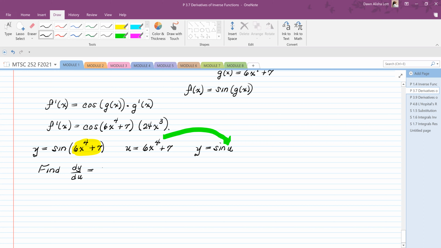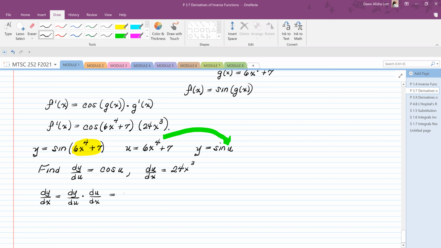The derivative of the sine is the cosine of u. And then I can find du dx, and the derivative of that is 24x cubed. So now dy dx is dy du times du dx. That's the chain.